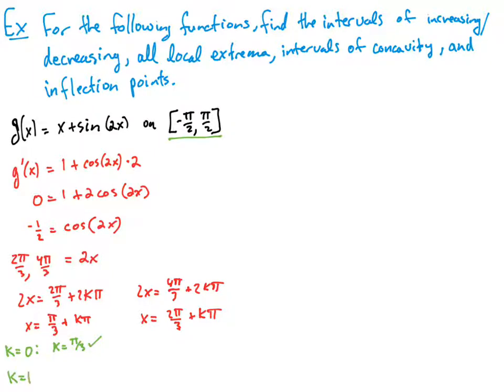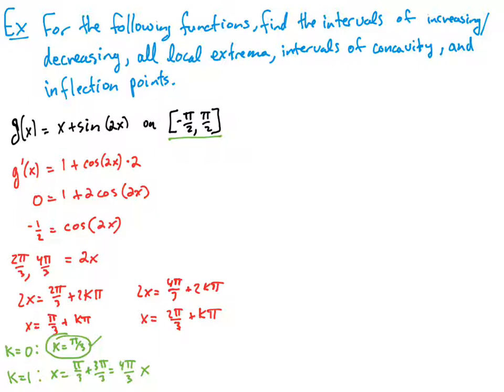When k is equal to 1, I get x is equal to pi over 3 plus 3 pi over 3, which is 4 pi over 3, but that is not in the interval. So that's not a solution here. So it looks like we just have x is equal to pi over 3. We could have also made k negative 1, but if k is negative 1, we're going to get negative 2 pi over 3, which again is not in the interval.